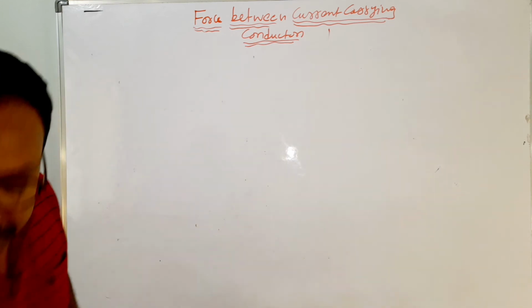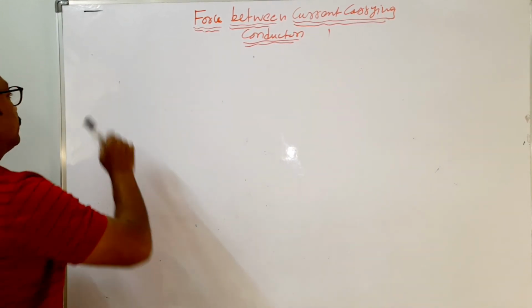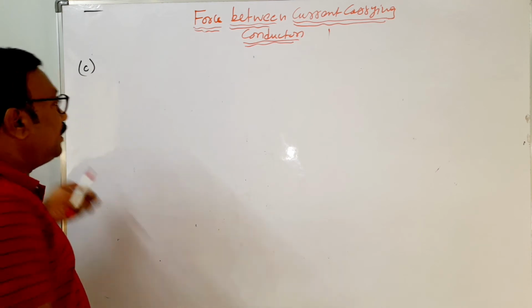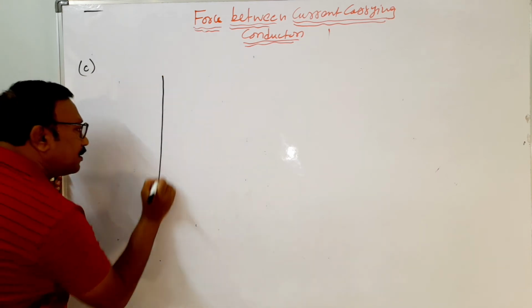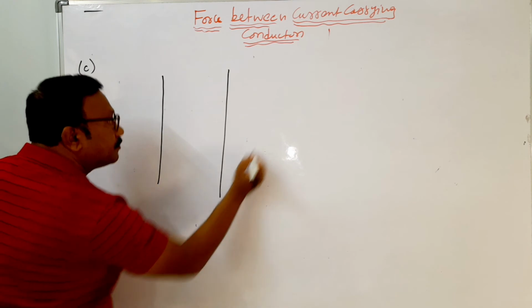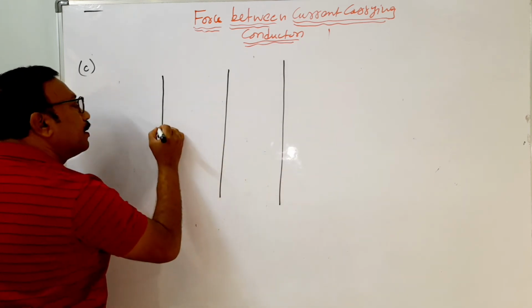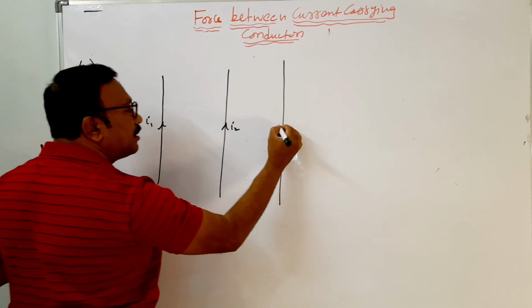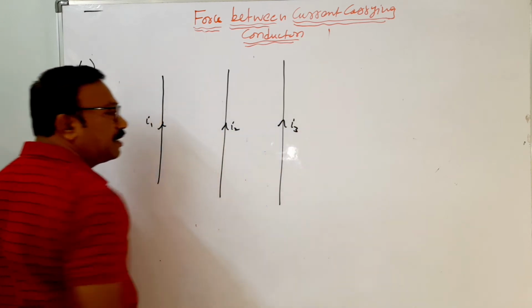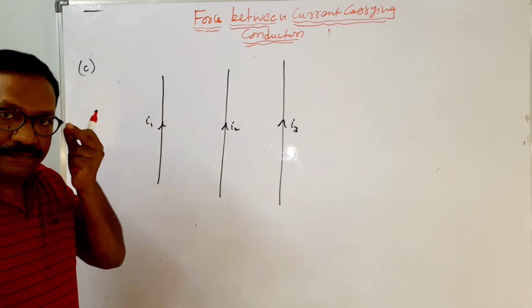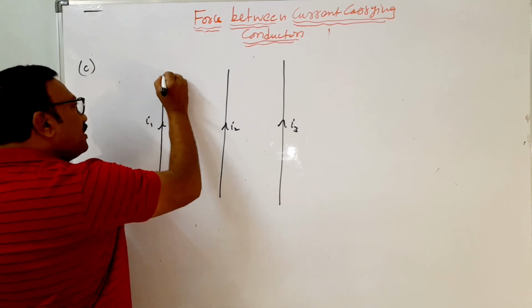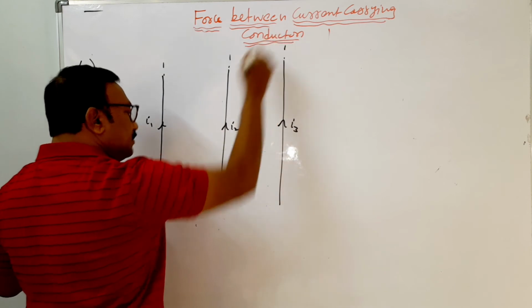The third one we will take. We will have 3 wires now. Let the current in this wire be I1, in this wire I2, and in this wire I3. Of course, these are infinite wires.